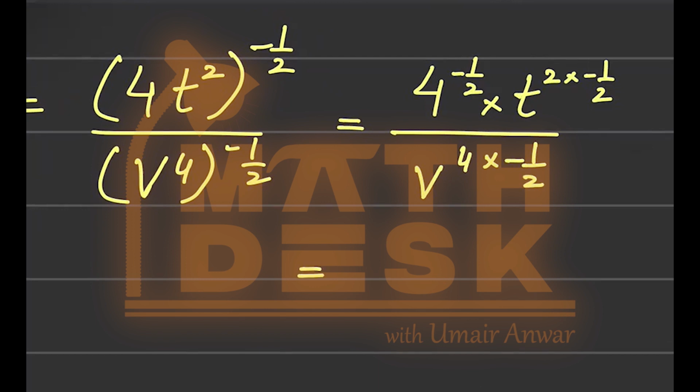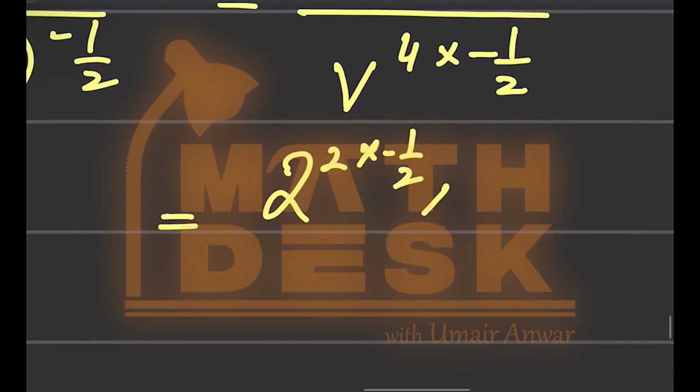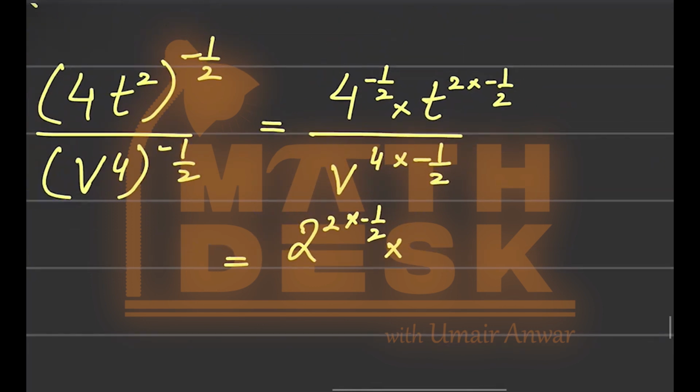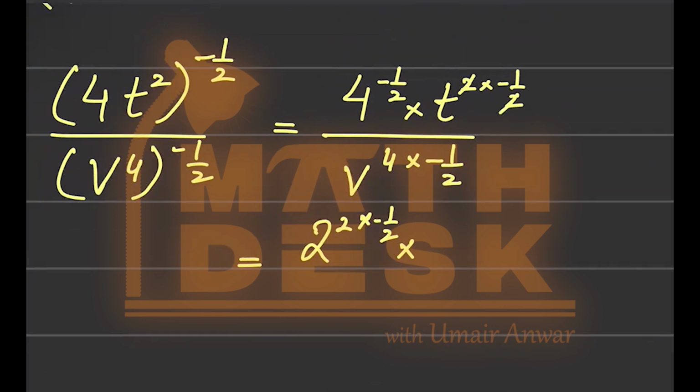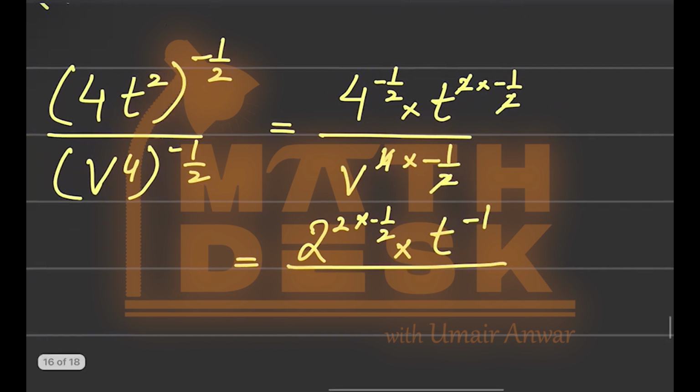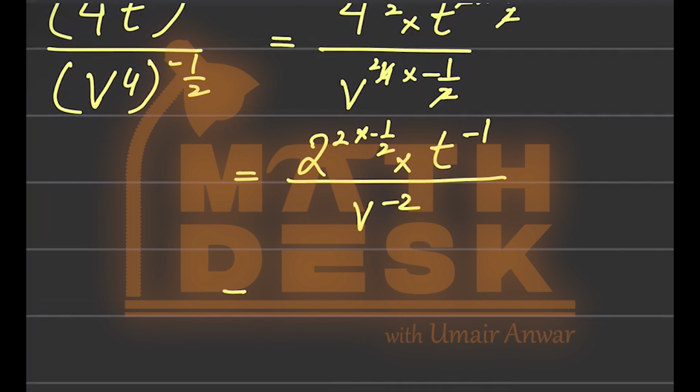Now, 4 would be converted into 2 squared, and the power minus 1 upon 2 would get multiplied with this one, and the power of t would get simplified. It would become t raised to minus 1. Power of v would also get simplified, v raised to minus 2. So we have 2 raised to minus 1 multiplied by t raised to minus 1 divided by v raised to minus 2.